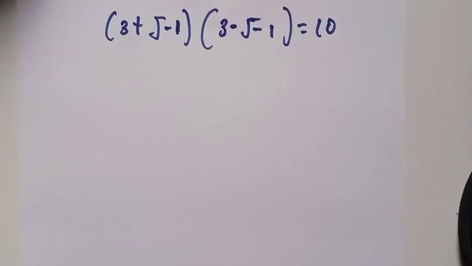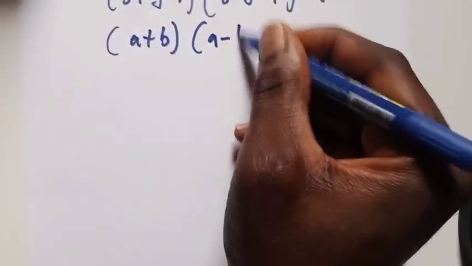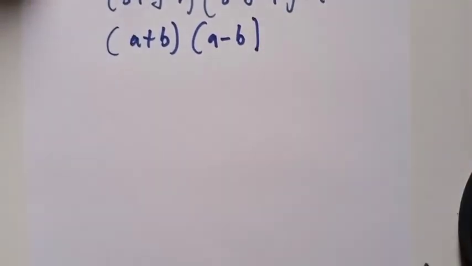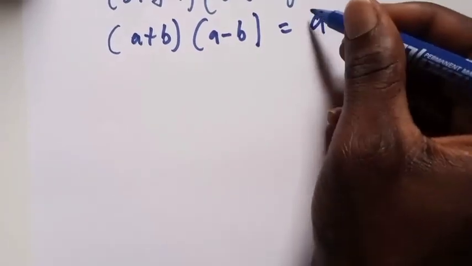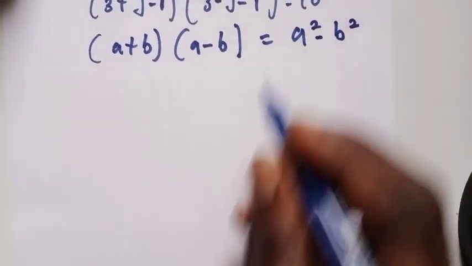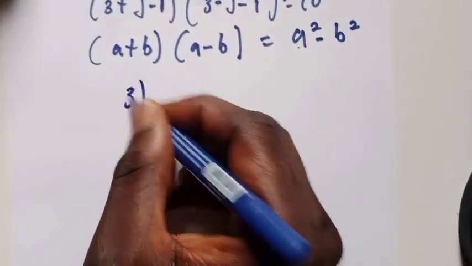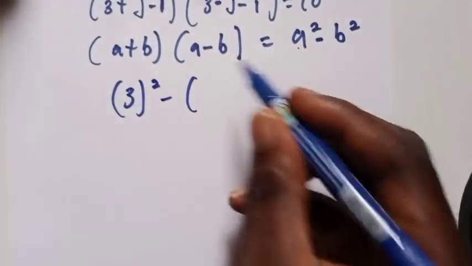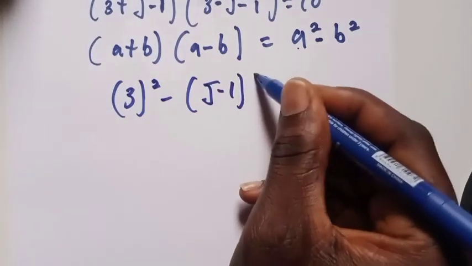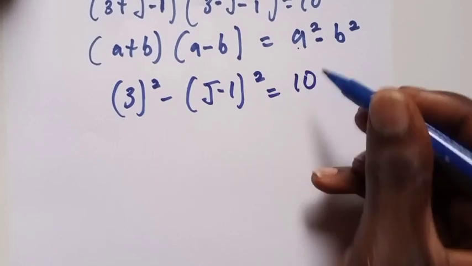Now looking at this expression, you'll see that it is in this form: a plus b times a minus b, and this, if you expand, will be equal to a squared minus b squared. Our a in our equation is 3, squared, and then our b is root minus 1, squared, which will be equal to 10.